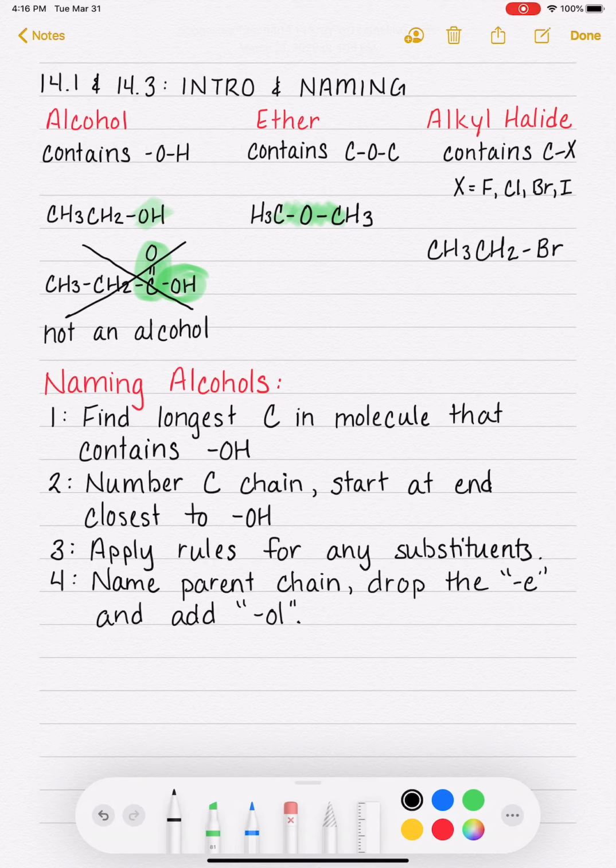When we were naming an alkene, we dropped the "ane" and replaced it with "ene." When we named an alkyne, we dropped the "ane" and replaced it with "yne." With an alcohol, we drop just the E and replace it with "ol." So for example, if we had hexane and we needed to turn that into an alcohol name, we would drop the E and say hexanol.